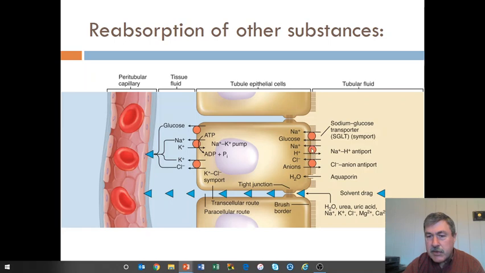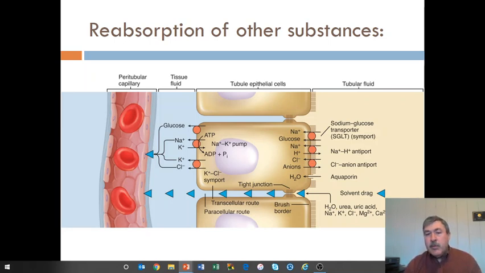And then other substances like this transport protein right here, that's an antiport protein because it's cotransporting hydrogen in the opposite direction. So it's actually causing the secretion of hydrogen. So the secretion of hydrogen ions lowers the pH of body fluids.